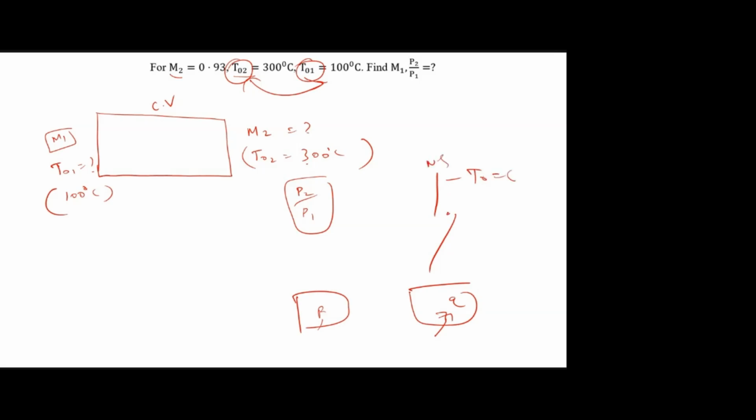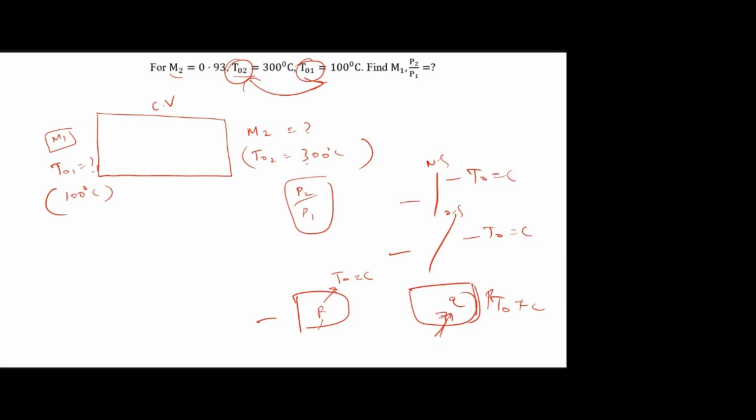Oblique also, T naught is constant. For friction also, there is no heat addition or removal, so T naught is constant. Only in Rayleigh flow, T naught is not constant. It will increase or decrease. So by comparing T naught itself, I can find that it falls in Rayleigh flow. Is that clear?